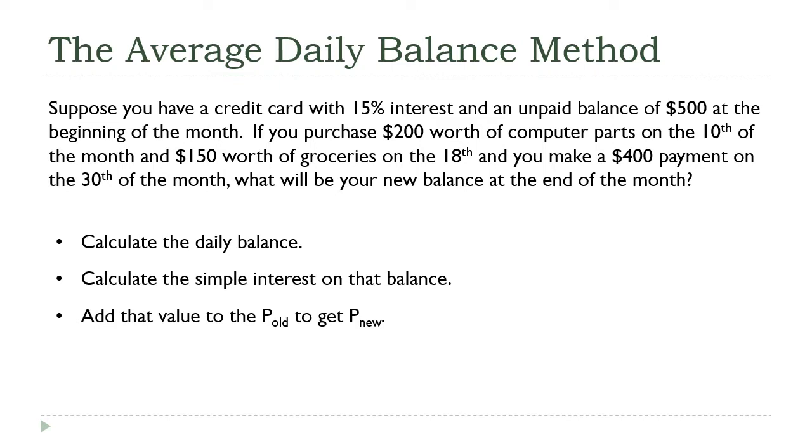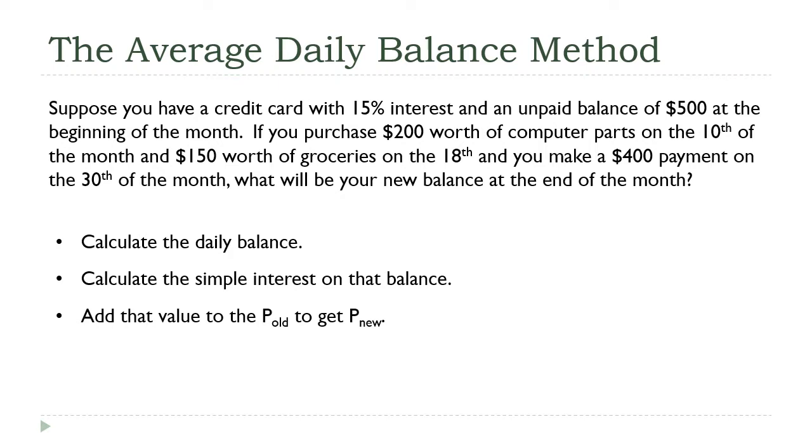So we need a method that's a little more fine-tuned, that drills down a little further into when things are happening. And we have one. It's this method called the average daily balance method. You can pause this if you need to, if you're taking notes or whatever, and go through this scenario here.